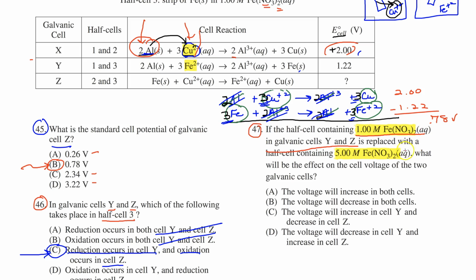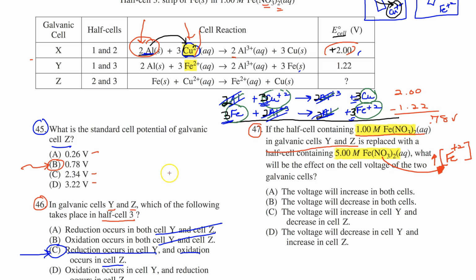Don't forget, the iron nitrate is essentially going to produce Fe plus 2. So what we're doing to this concentration is we're increasing it. And we should know when we change the concentrations, we are going to change the amount of spontaneity in the forward and reverse reaction, right?